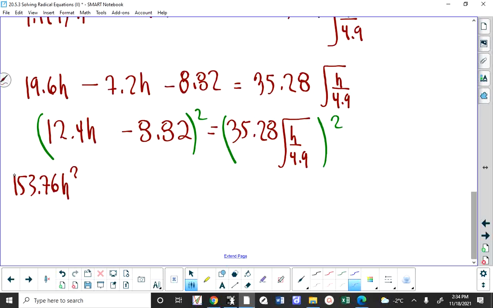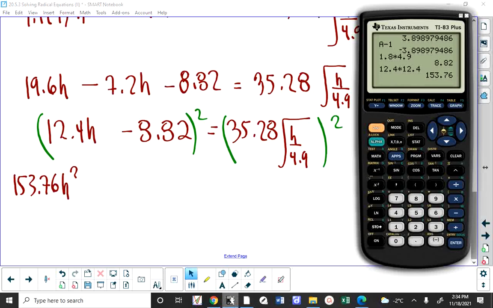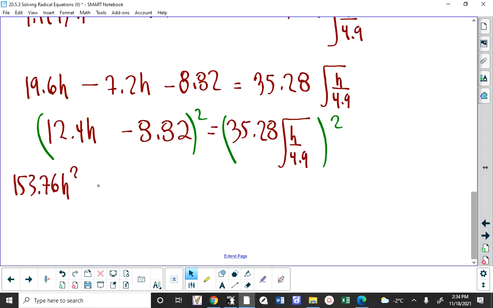My outer would be the 12.4h times the negative 8.82. And this would be negative 109.368h. My inner would be the same thing, so I'm going to have two of those, which would give me negative 218.736h. And my last is the 8.82 times the 8.82.